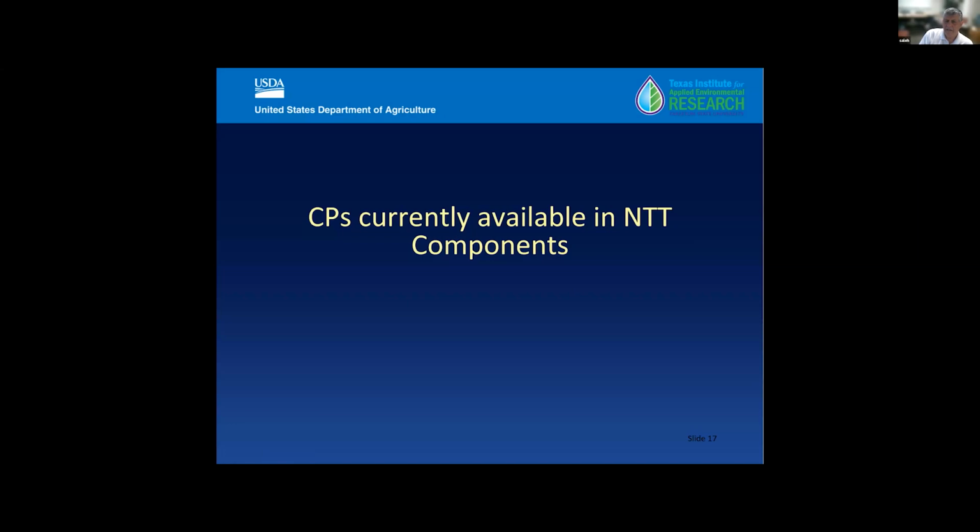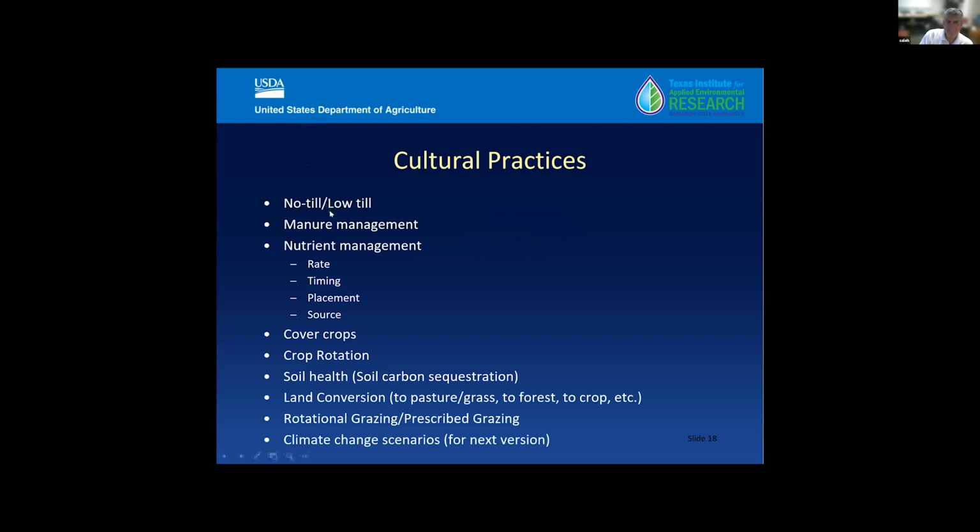Conservation practices currently available in NTT include tillage operations, no-till and high-till, and manure management. You can do a lot with it. APEX is very familiar with the manure management that you can do in the field.